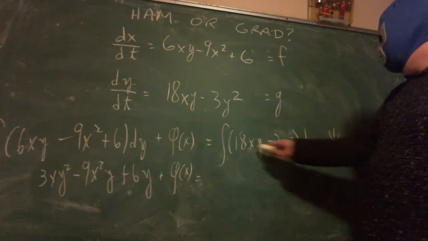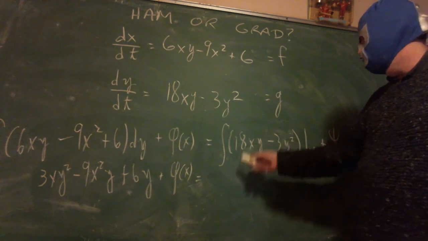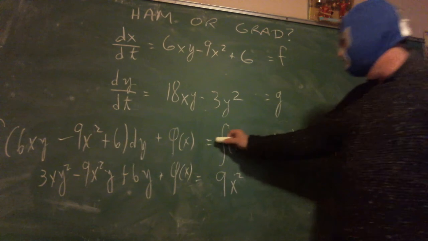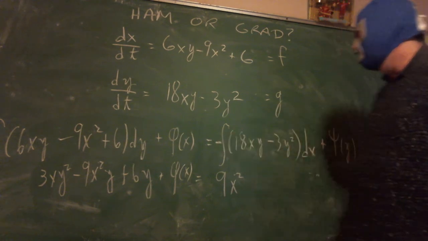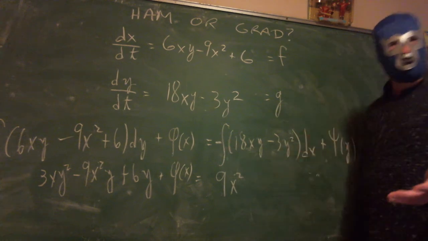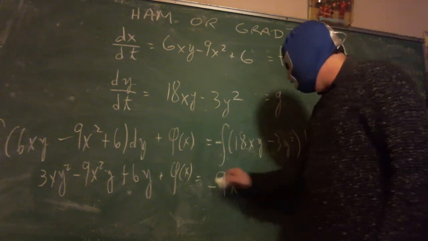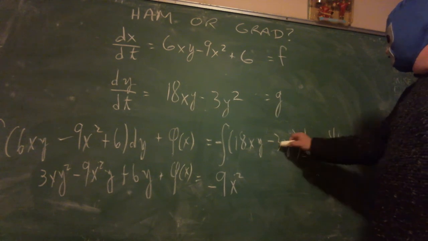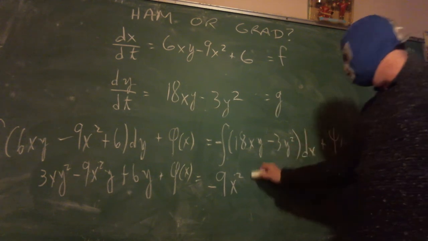When I do the dx, I'm going to get 18x squared over 2. That's a 9x squared. And you can see I've forgotten the minus sign on here because it's Hamiltonian. Oops. Make sure you remember that. So I'm going to have the minus 9x squared. Then I'm going to get a plus 3x y squared.